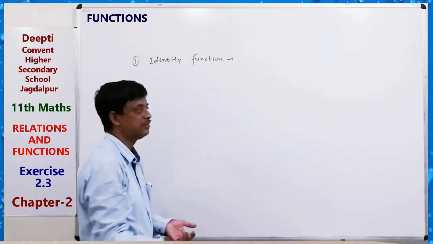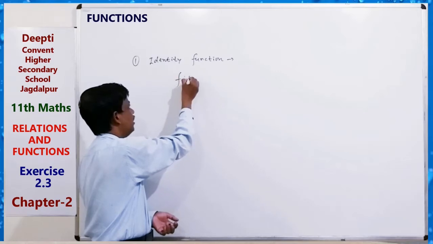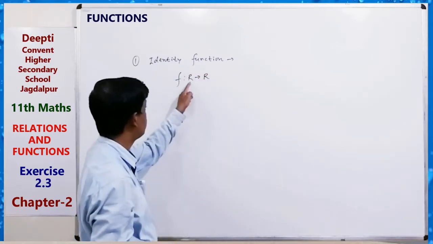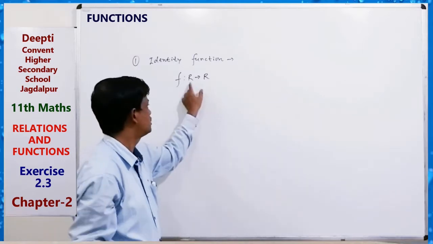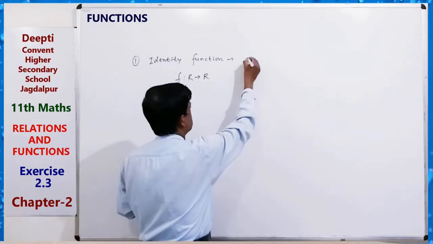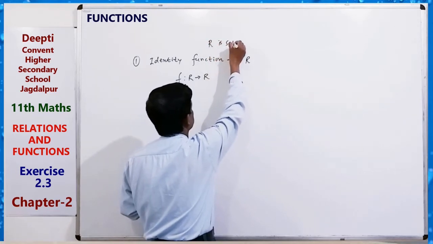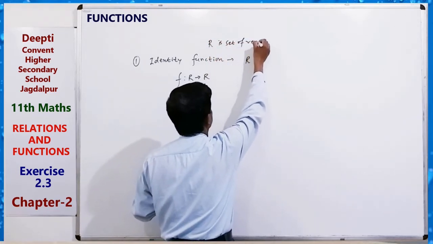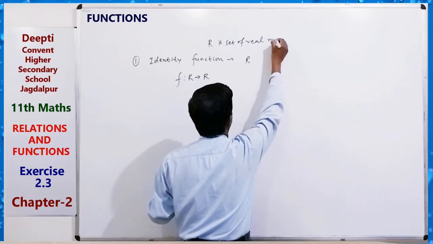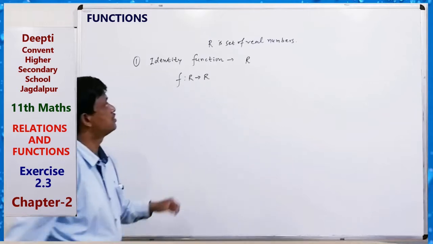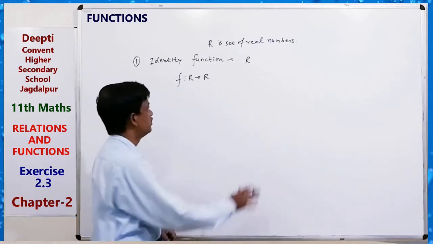Identity function is defined like this: f from R to R. That is, a function defined from R to R. R is the set of real numbers.